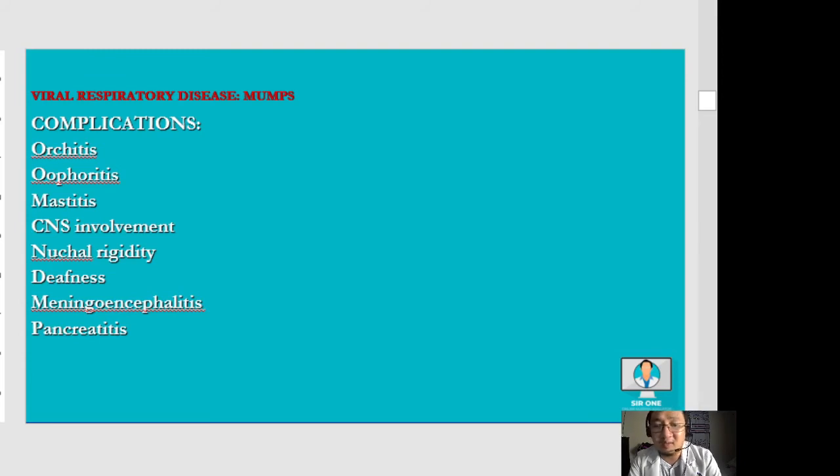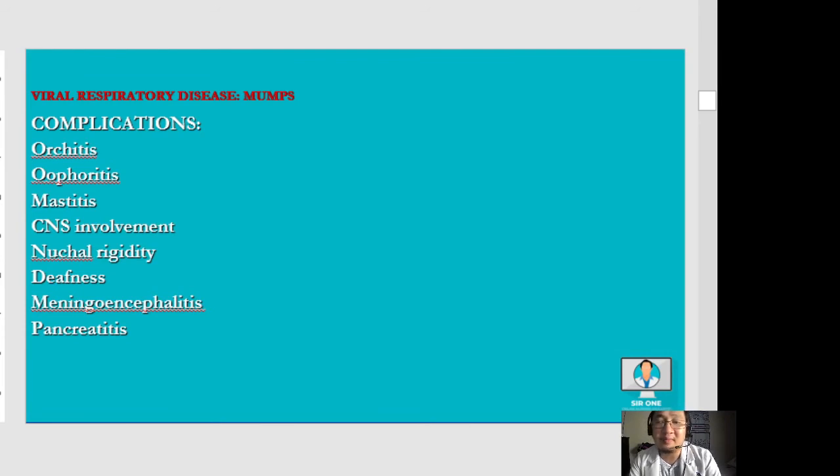One of the complications later in life is that a patient can become sterile because of these complications. That's why we have to prevent the occurrence of complications.